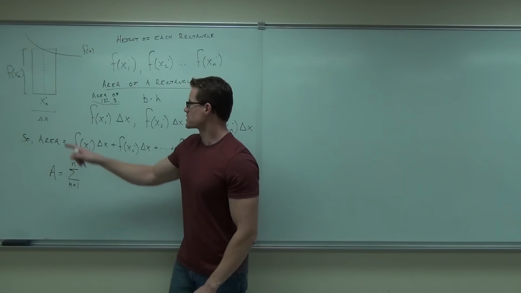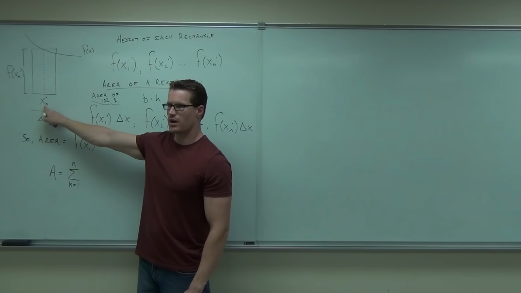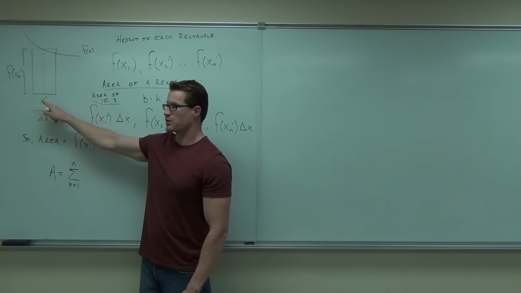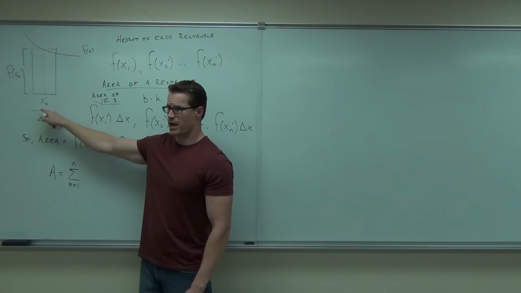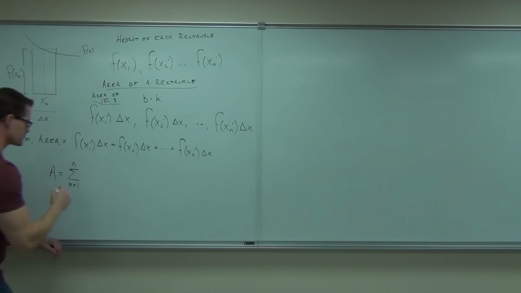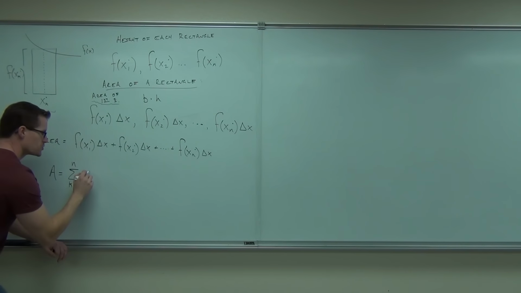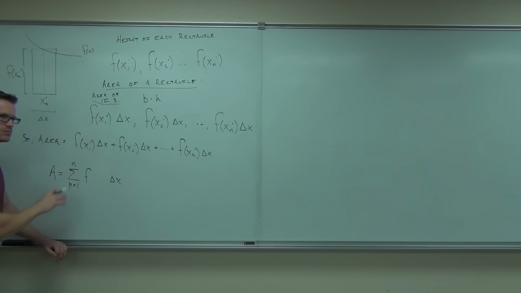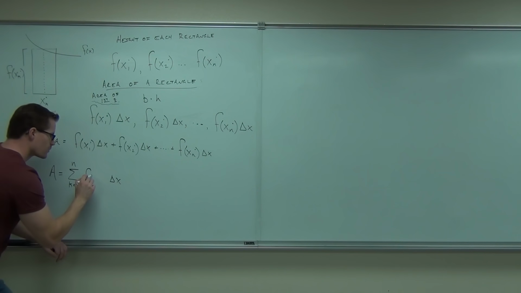We use the same symbol that we use there. That's x sub k, right? That means each individual one. We're just going to let this go from the first one to the second one to the third one to the nth one, however many we have. We don't want the f to change. We definitely don't want the delta x to change. What we really want to change is the index.